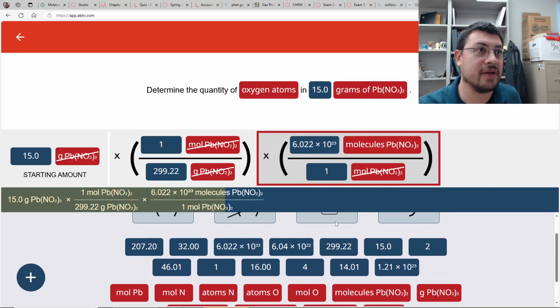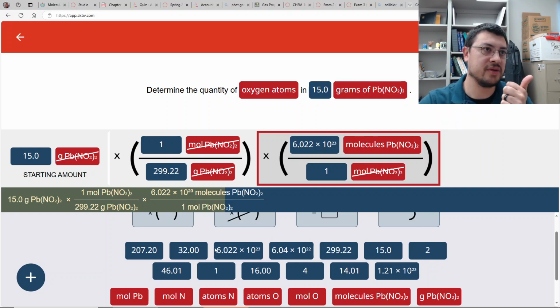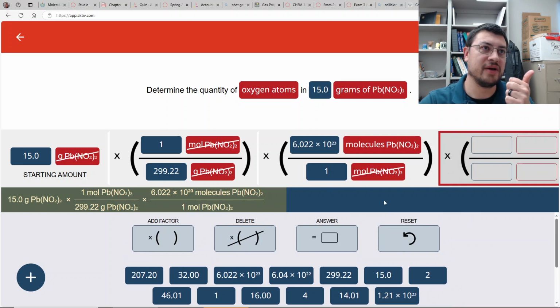There we go. Okay, grams to moles with a formula with a molar mass, and then Avogadro's number to molecules, and then they're asking for oxygen atoms.